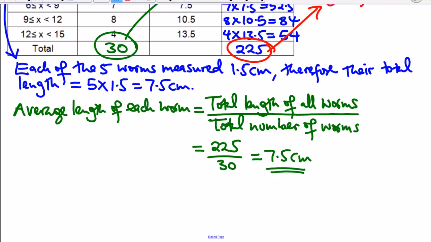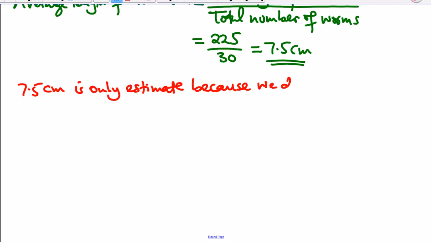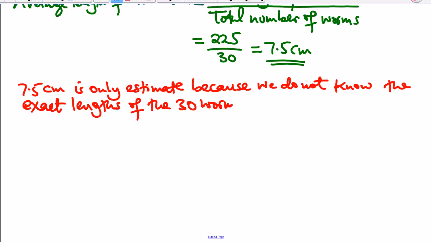Just remember that 7.5 centimeters is only an estimate because we do not know the exact length of the 30 worms measured.